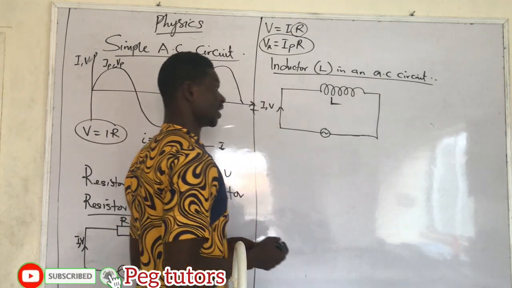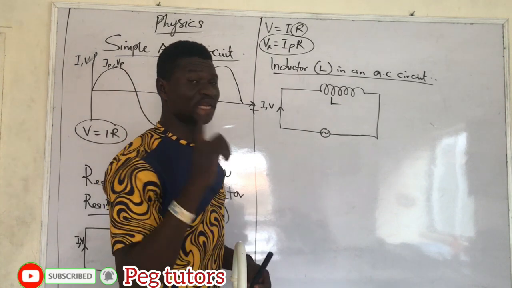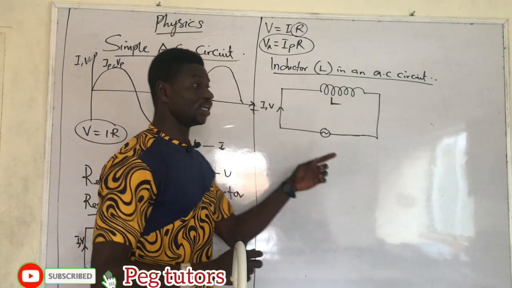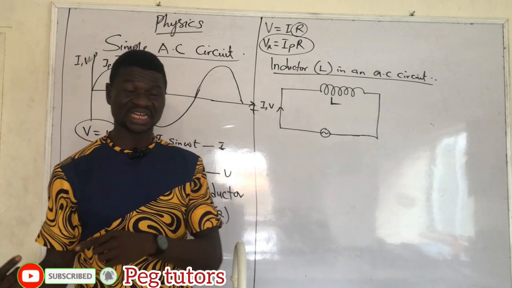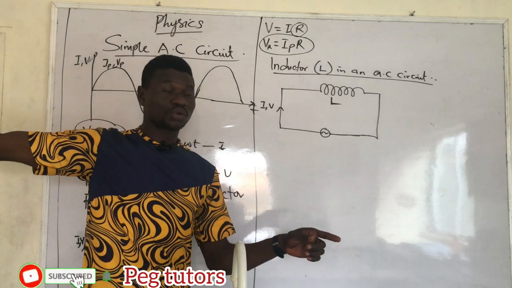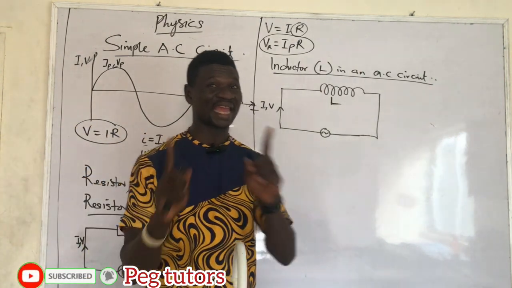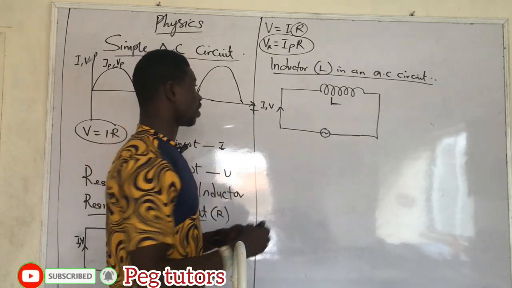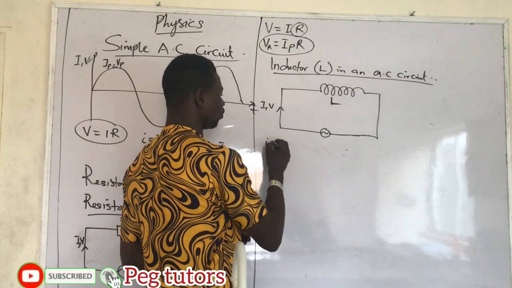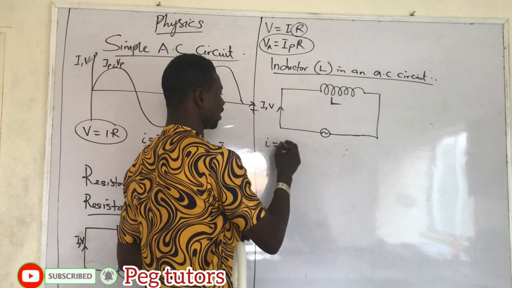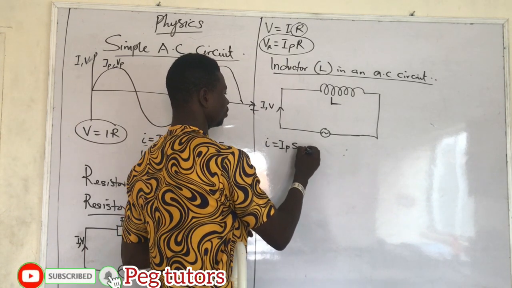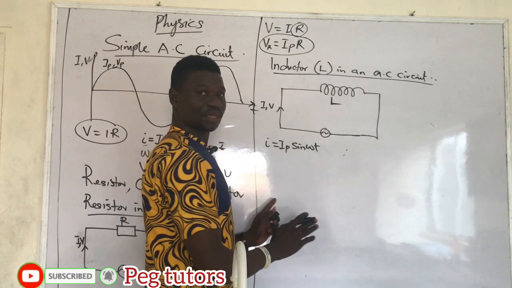If an inductor is connected in an AC circuit, one effect it has is that it makes the current lag the voltage, which means current is behind while voltage goes ahead by 90 degrees. In other words, when you connect an inductor, the AC current becomes I equal to peak current sine omega t, the same.